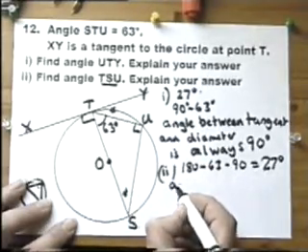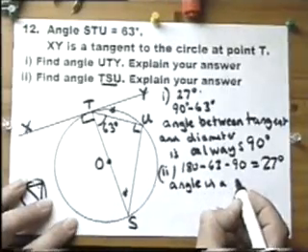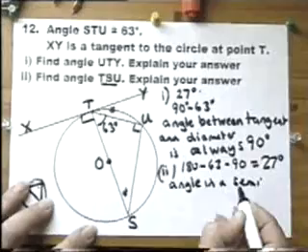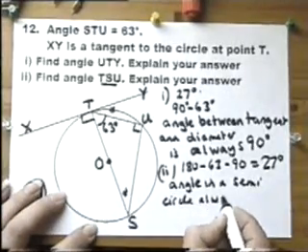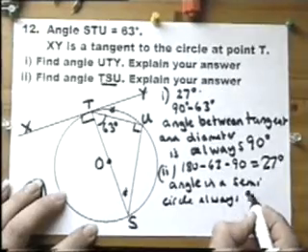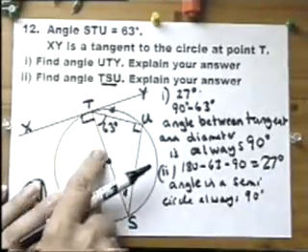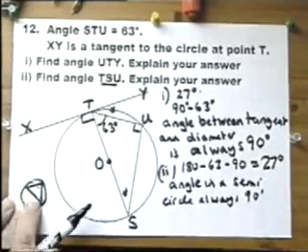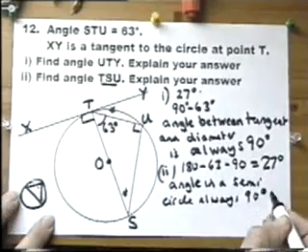So I shall write down, because angle in a semicircle always 90 degrees. You can also say, if you like, angle on a diameter is always 90 degrees. So there's more than one way of saying it.